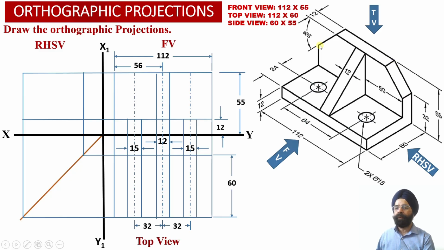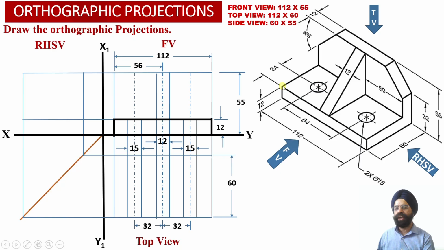Now we have been provided with the orientation of these two inclined surfaces. That is, the inclined surfaces will be starting at a height of 32 millimeter from the base or 20 millimeter from the top of this horizontal surface. So either way around, now we are going to take a height of 32 millimeter over here.